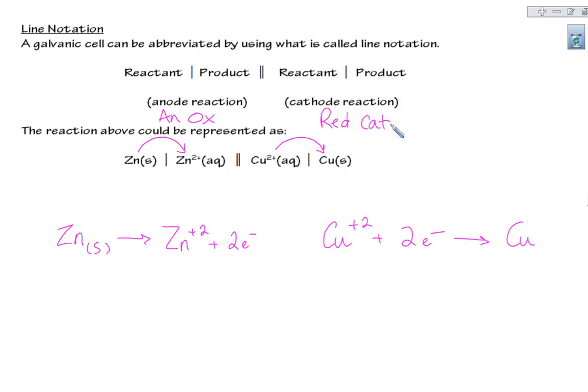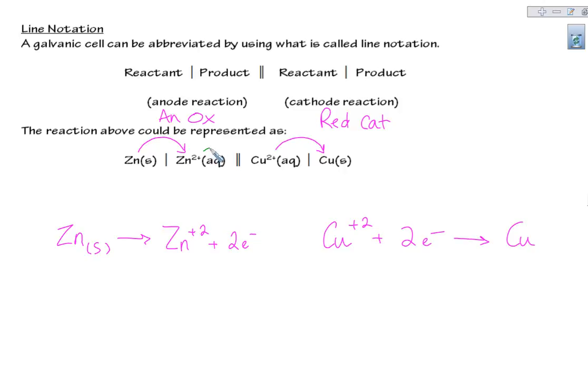The double line in the middle is like the salt bridge. It's trying to show that we have 2 separate compartments for oxidation and reduction. Here's what's happening at the anode, or the oxidation half. Here's what's happening at the cathode, the reduction half. And to show that they're in 2 separate compartments, they'll use this double line in the center.